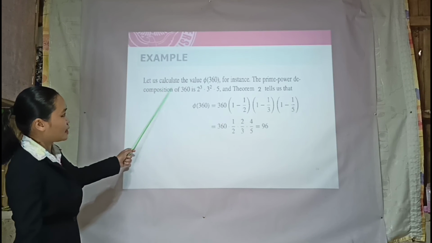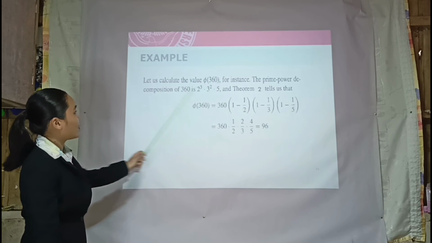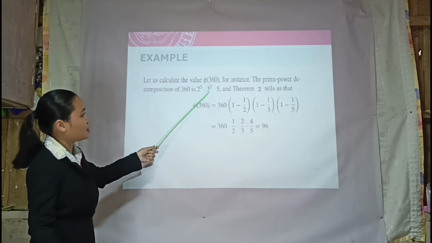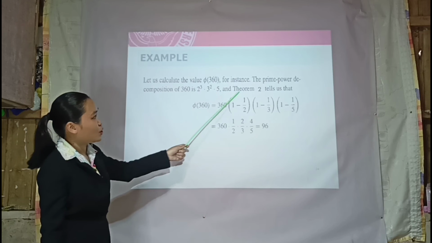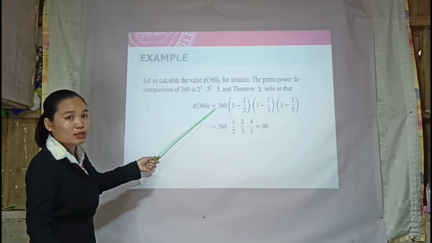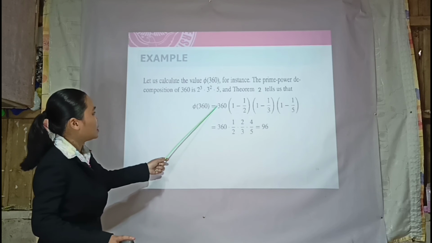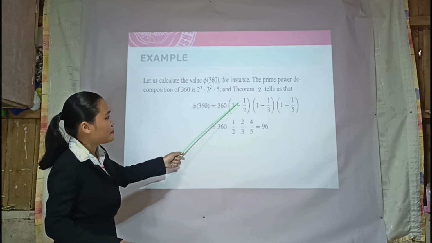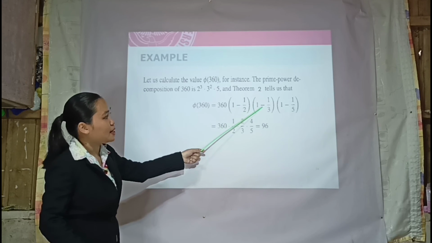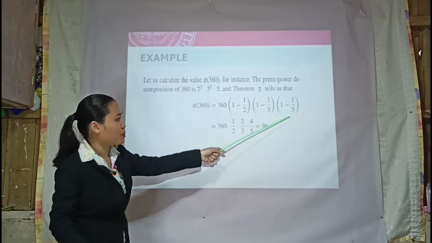Let us calculate the value of phi of 360. For instance, the prime power decomposition of 360 is 2 cubed times 3 squared times 5. And theorem 2 tells us that phi of 360 is equal to, so we will use the formula for theorem 2, 360 times 1 minus 1 over 2 times 1 minus 1 over 3 times 1 minus 1 over 5.